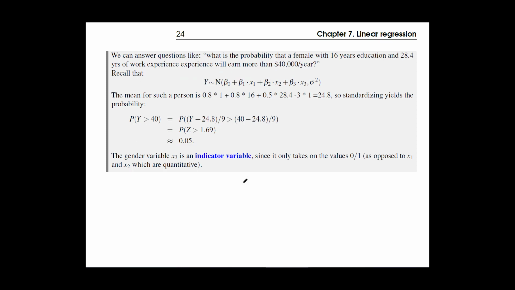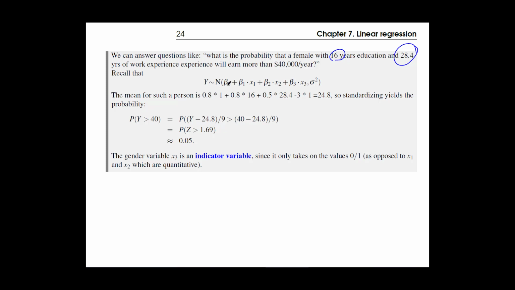Given those types of models, we can answer these types of questions. For example, what is the probability that a female with 16 years of education and 24 years of experience will earn more than 40,000 a year? That's our model.